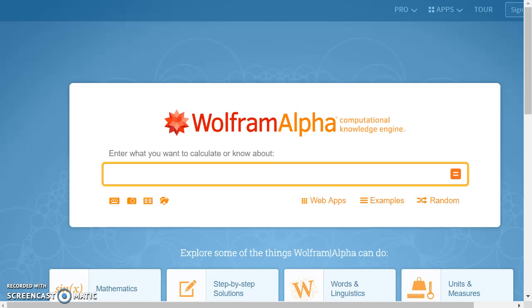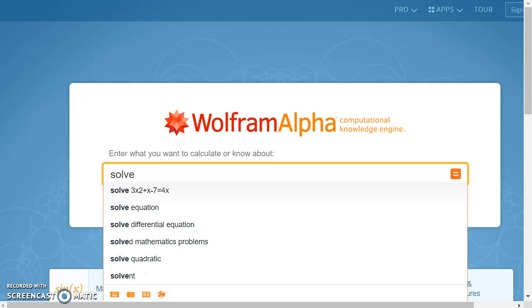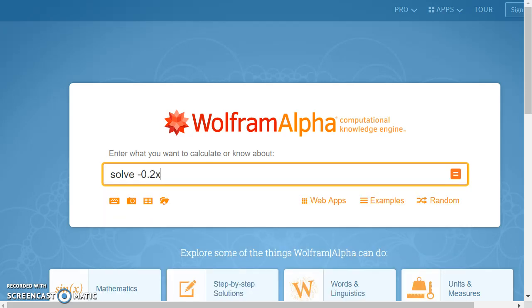Using Wolfram Alpha, we can type in the command solve and then enter our given function, where I'm using this caret symbol, Shift 6 on my keyboard, to represent those exponents.